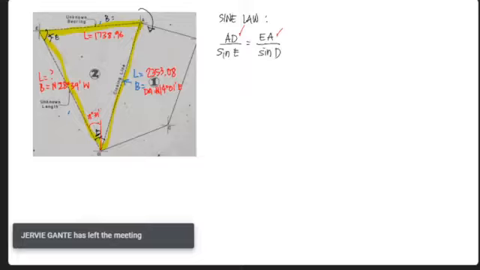Ano yung angle E natin? So, i-compute na natin para mas mapabilis.